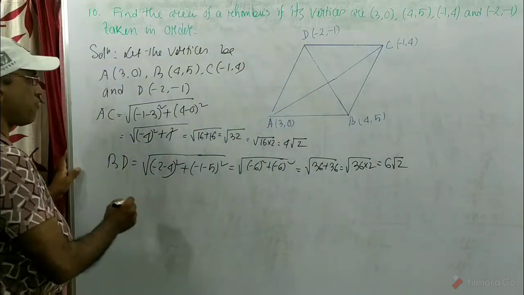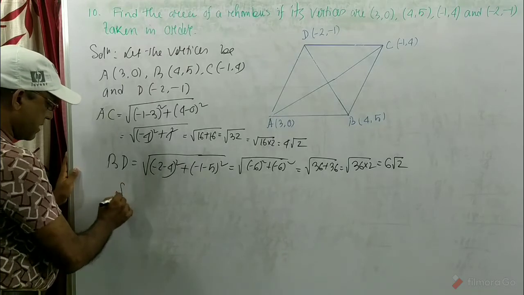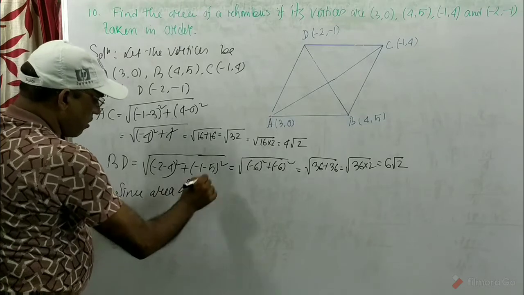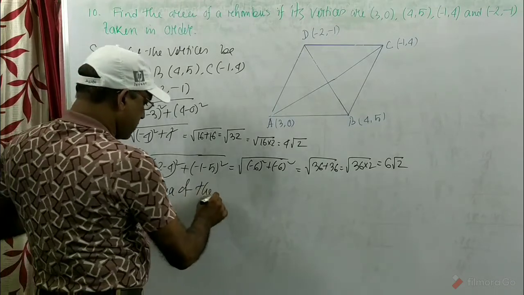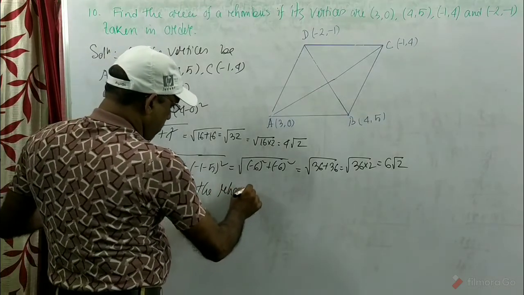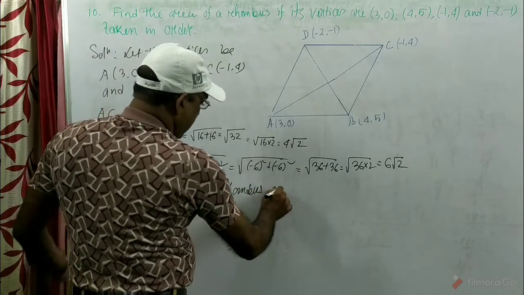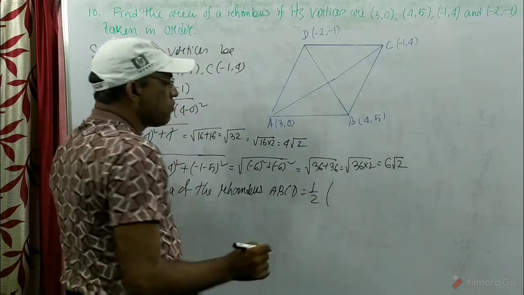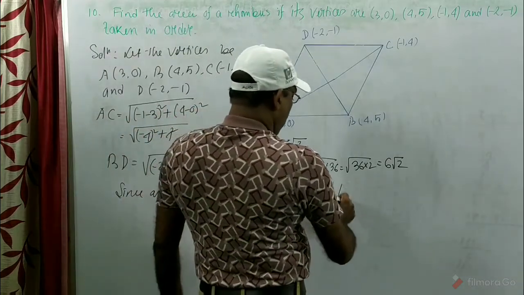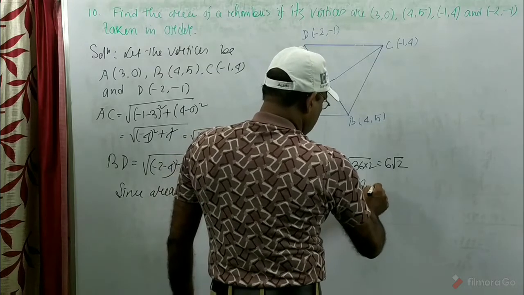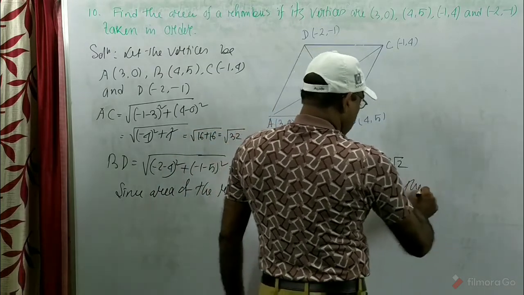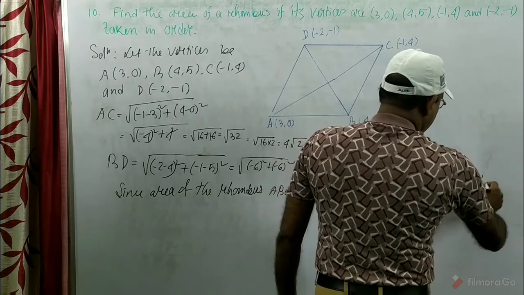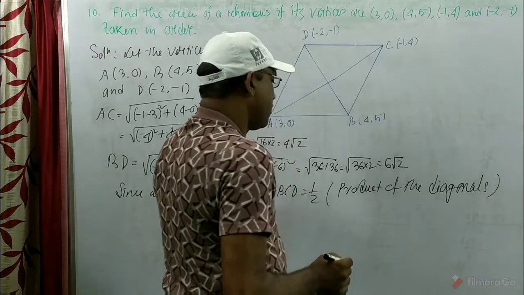Now area of rhombus ABCD equals half into the product of the diagonals. This is the formula of area of rhombus.